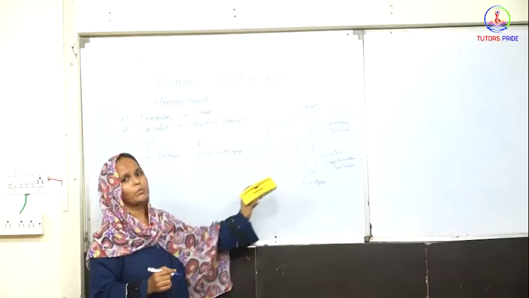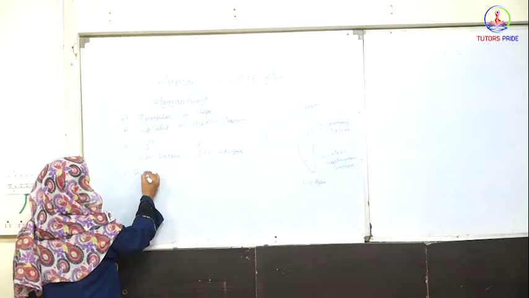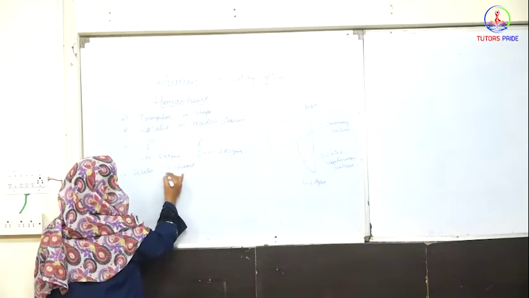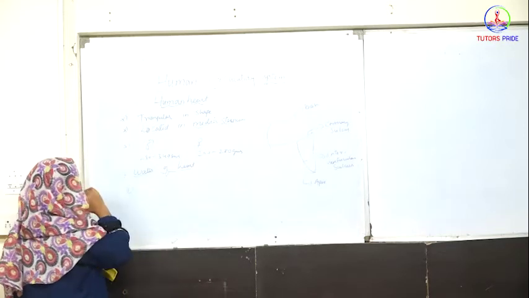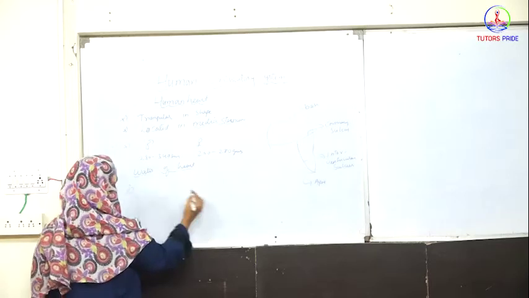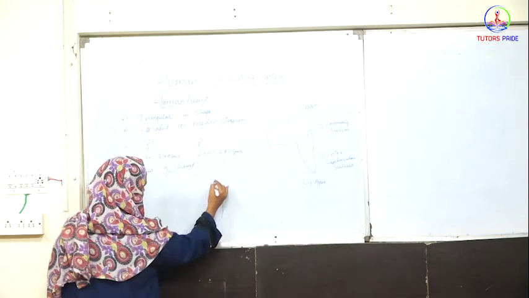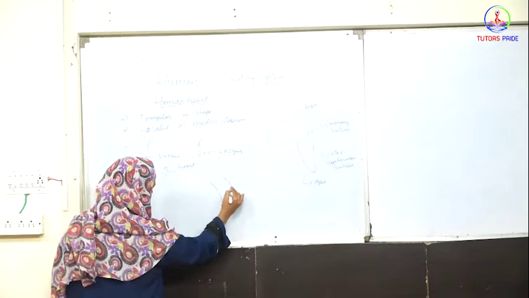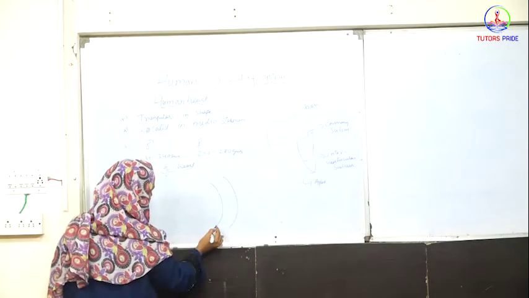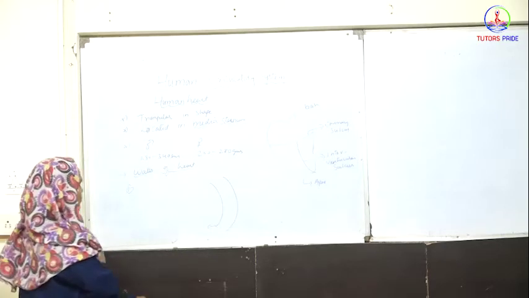Now coming to the walls of the heart, as it is an internal organ, it should be covered with walls. Let us see about the walls of the heart. If I draw the structure of the heart, this would be the endothelium, that is the innermost one.